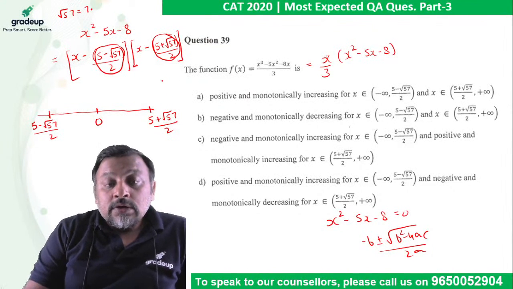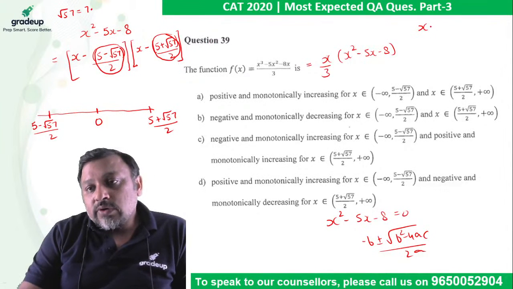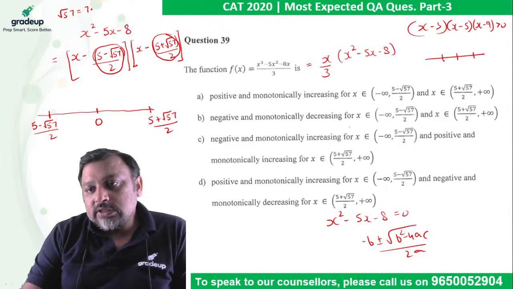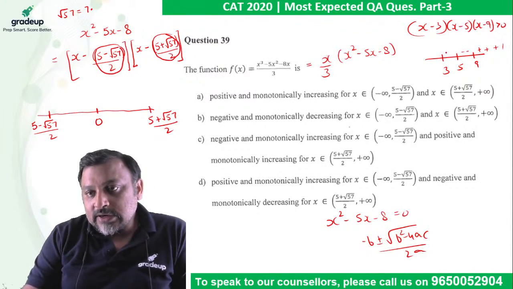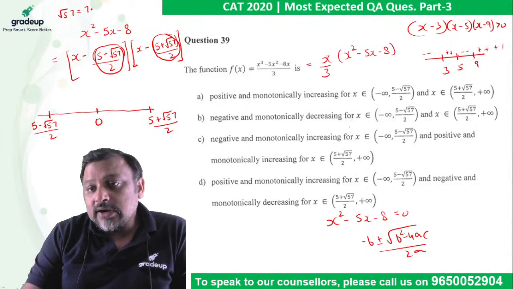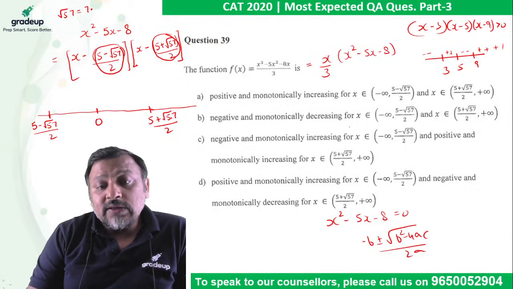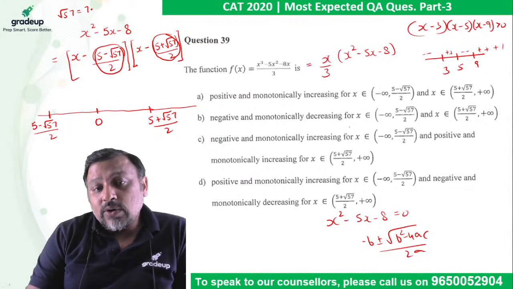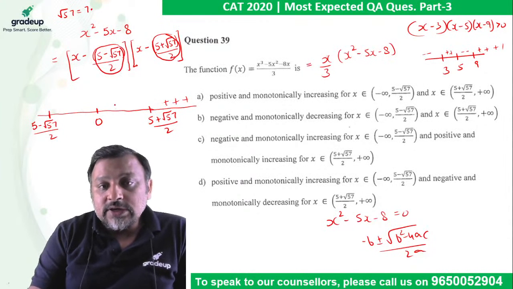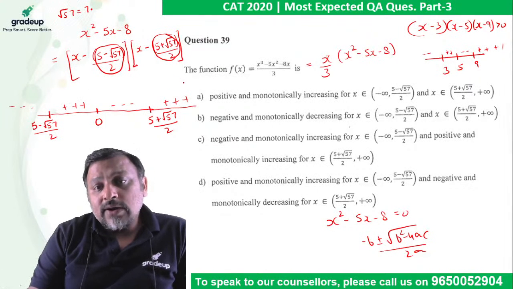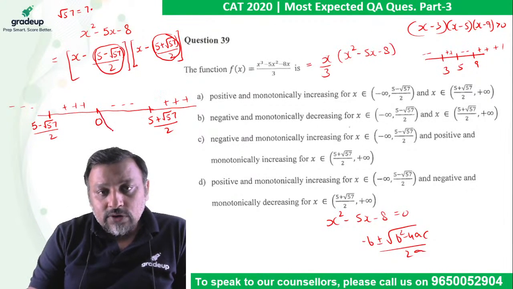See, if I have this inequality x minus 3 into x minus 5 into x minus 9 greater than 0, we plot these points 9, 5, 3, and here the values are positive, then negative, again positive and negative. It will alternate between positive and negative. So the same thing will be applicable here. Only the difference is the values here are irrational. So here it will be positive, negative, positive and negative. So the graph will look like this. If you draw the graph, it will be like this.